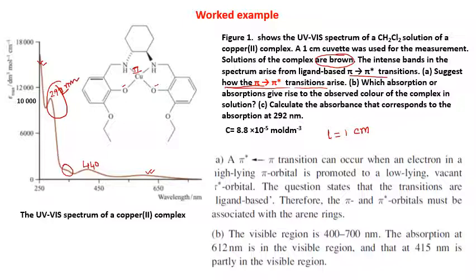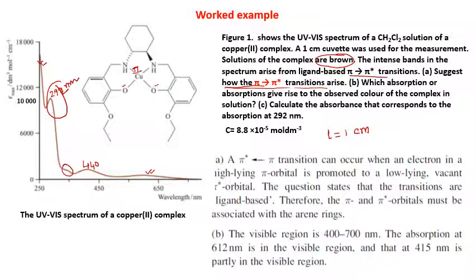Now you can understand this pi star is possible when there is a pi bond. The arene type scaffold has a pi molecular orbital and also a pi star. So this arene moiety is causing this pi star transition, giving rise to this band around 292 nanometer, not from the cyclic diamine.